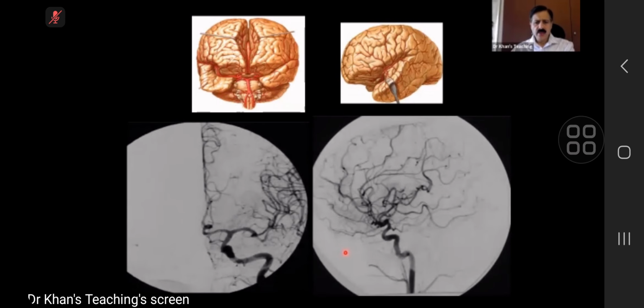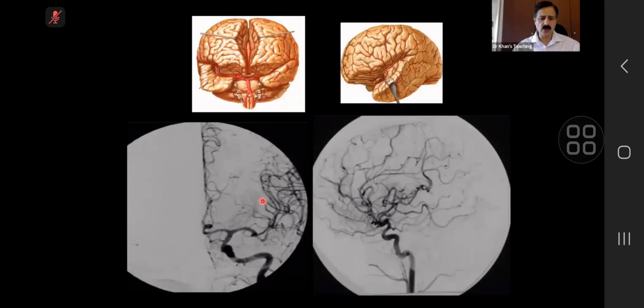Now, if you see here, this is the normal angiogram, AP view and the lateral view. And this is the carotid angiogram. Please remember, closer to the exam, you have to open an atlas and revise your anatomy. This is key, number one.